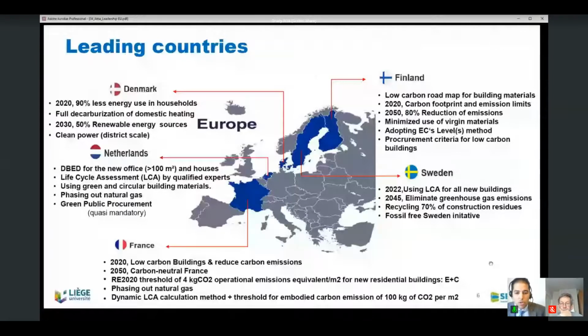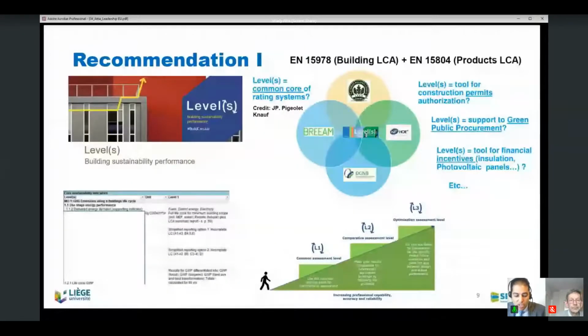Well, coming to the conclusion of my presentation of today, I can say that I have some recommendations. The first recommendation is that EU member states must adopt measures to limit carbon emissions and the carbon incorporated in products based on the European standard EN 15978 and the Level(s) framework that was published last year.